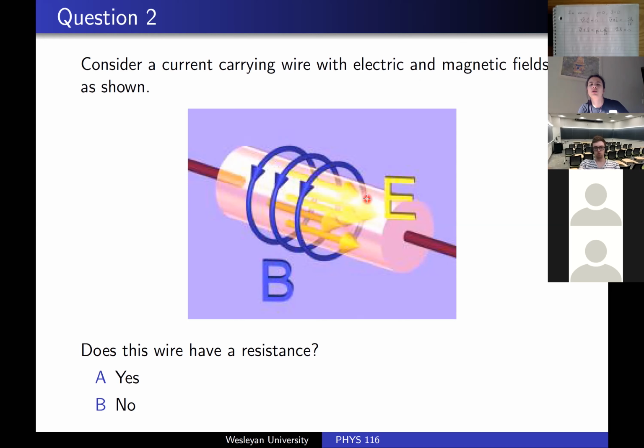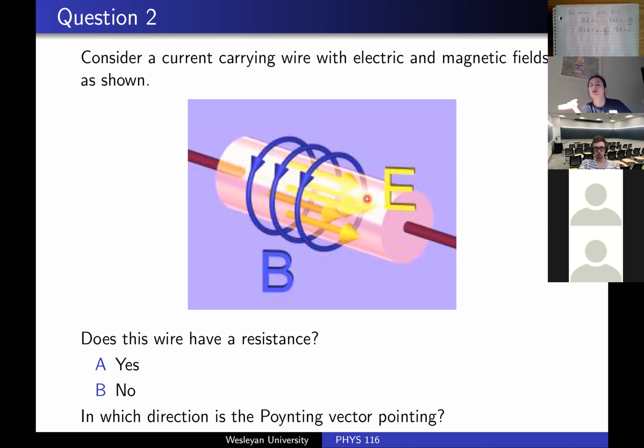So try using your right hand to figure out the direction of E cross B. Is it pointing into the wire or away from the wire? Into the wire. It is pointing into the wire.